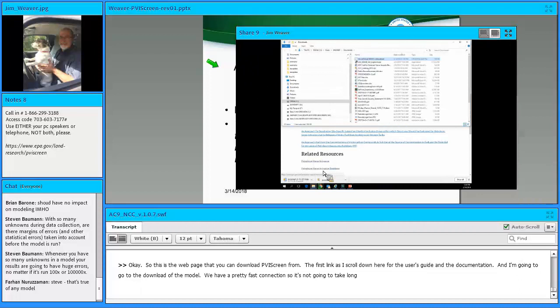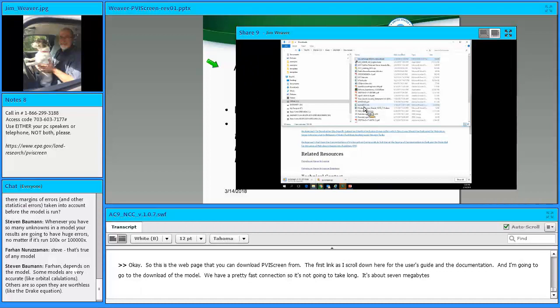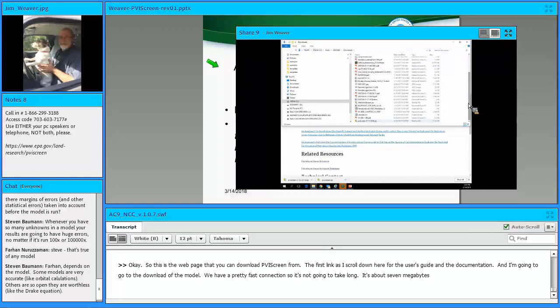It's about 7 megabytes. Okay, so here it is at the bottom.